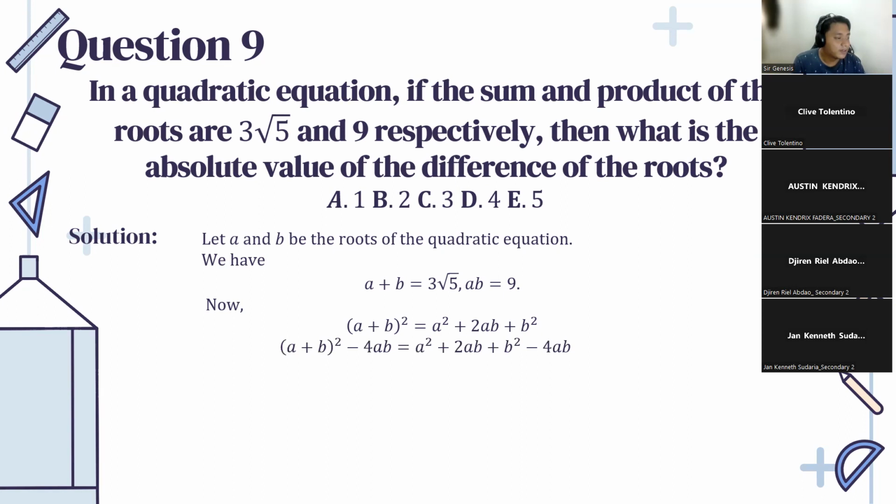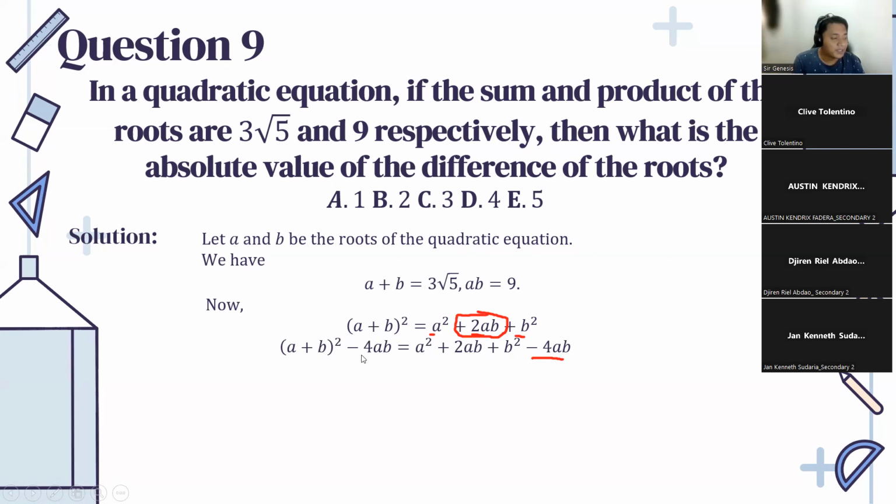Now, knowing that we need A minus B, if you try to square A minus B, that will be A squared minus 2AB plus B squared. So our goal here is to transform this plus 2AB into negative 2AB. So that will just be subtracting 4AB from both sides of the equation.